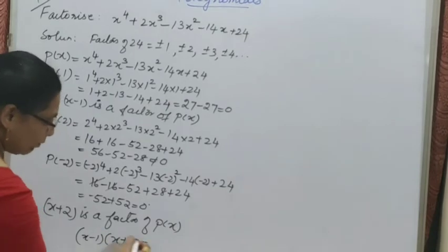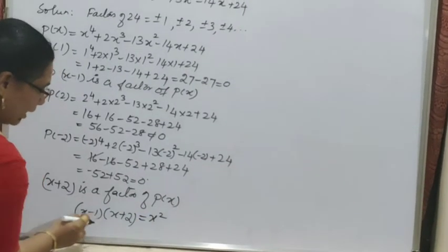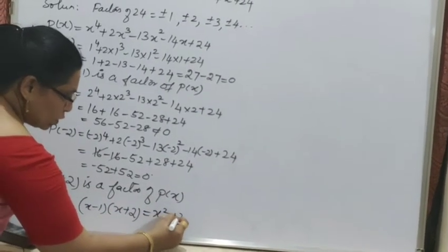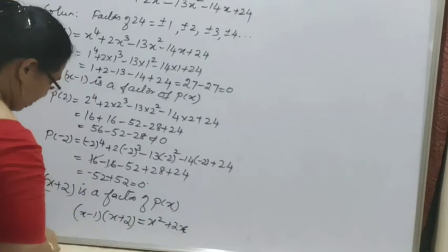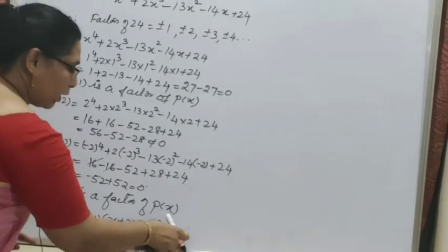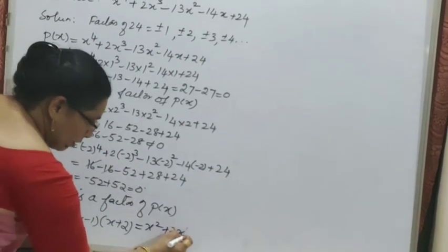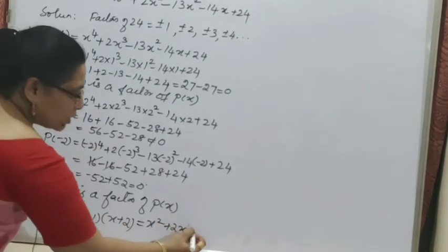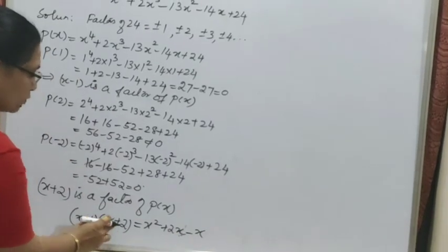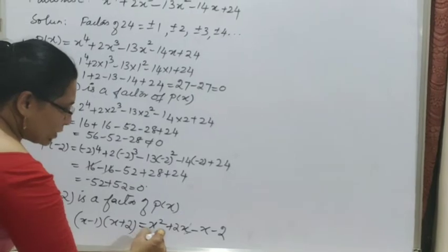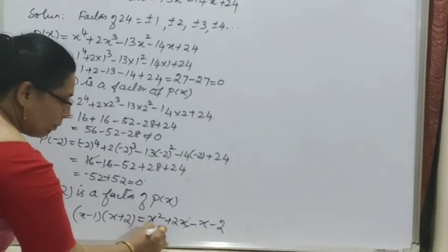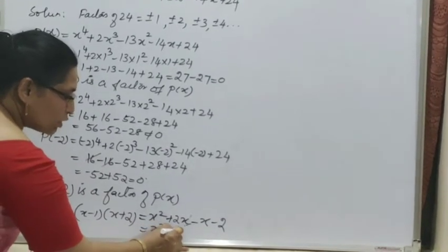So it will be multiplied here, x square, x into plus 2, it is plus 2x, minus 1 into x, minus x, minus 1 into plus 2, it is minus 2. That means, simplify this one means x square plus x minus 2.